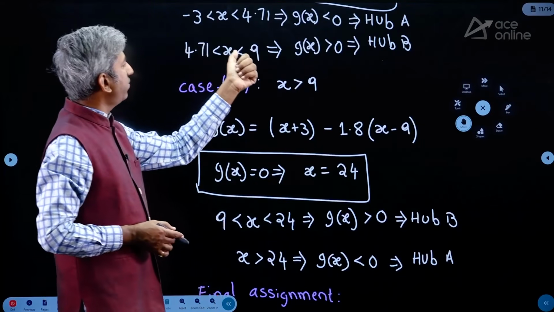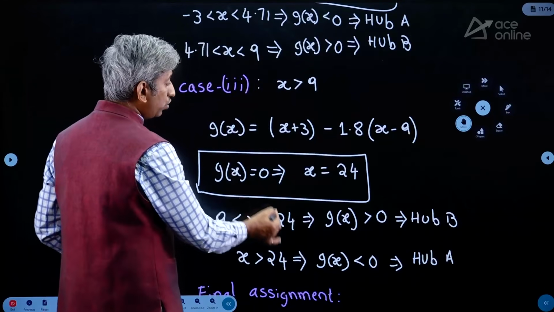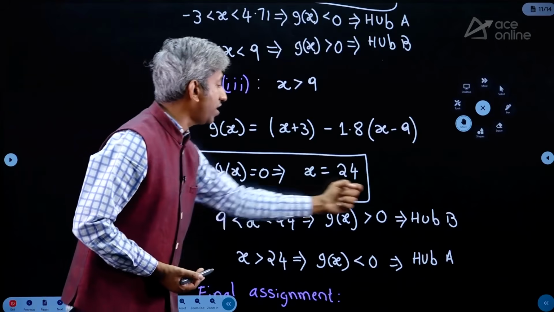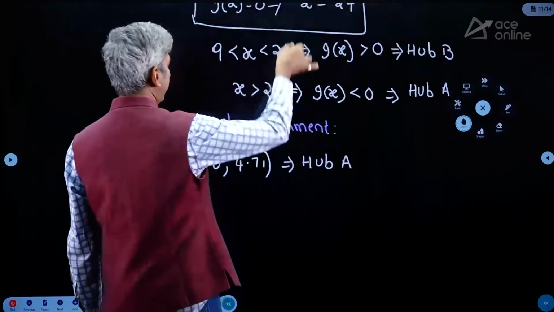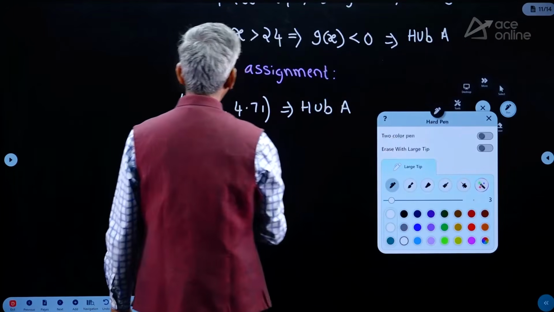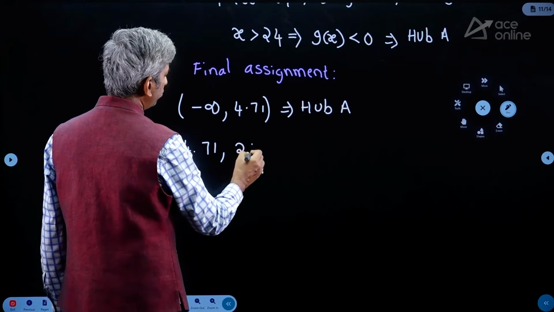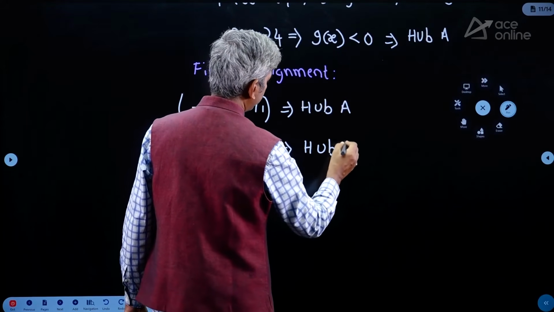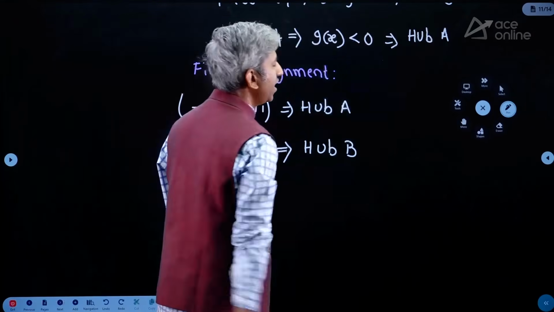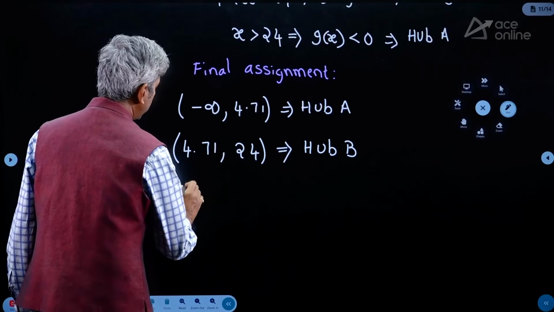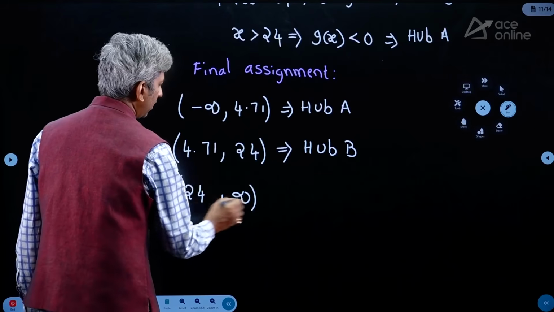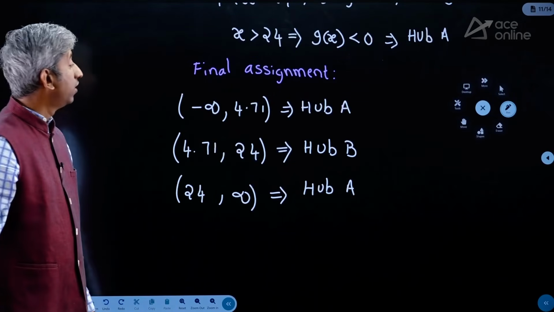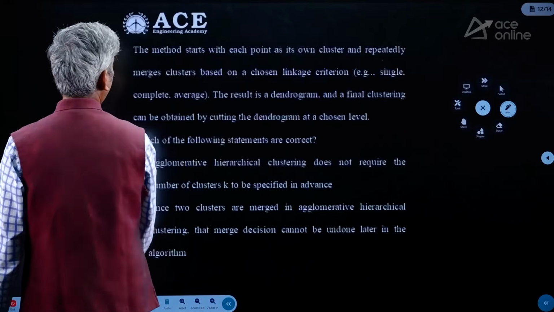Anything in between 4.71 to 9 is assigned to hub B, and 9 to 24 is also assigned to hub B. So from case 2 and case 3, any value of x in between 4.71 to 24 is assigned to hub B. And the final statement, anything above 24 is again assigned to hub A, so 24 to infinity is hub A. Now you go through the options one by one.